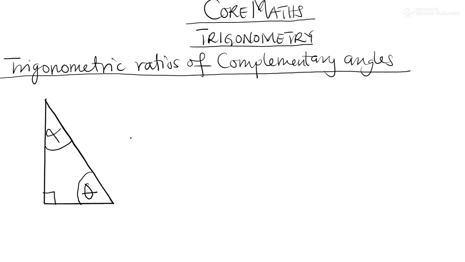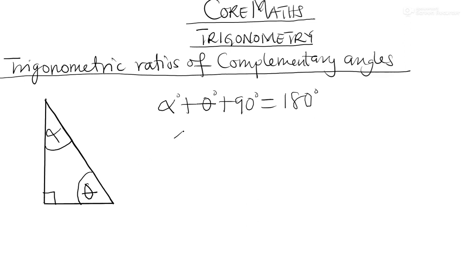So let's see. Now this angle is 90 degrees. We know its value is 90 degrees. But this one and this one we don't know. Since this is a right angle triangle, the sum of interior angles should give us 180. So alpha plus theta plus 90 should be equal to 180 degrees.